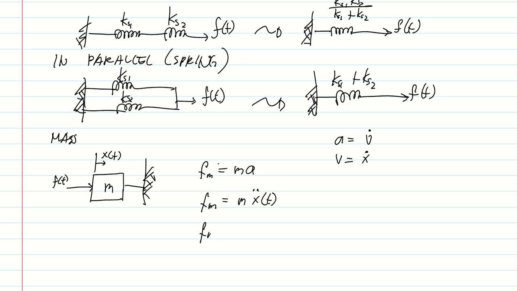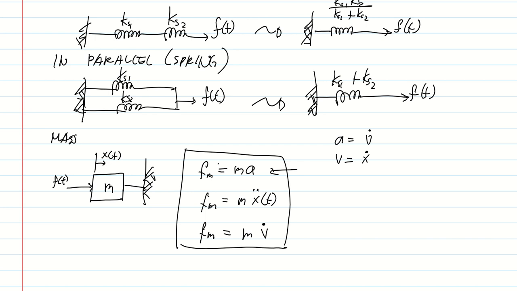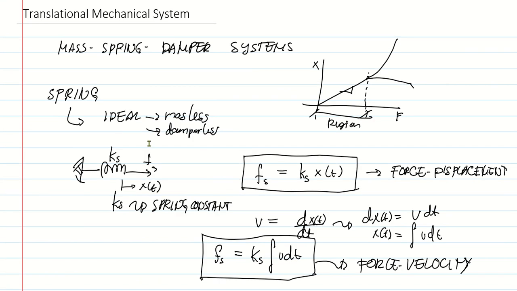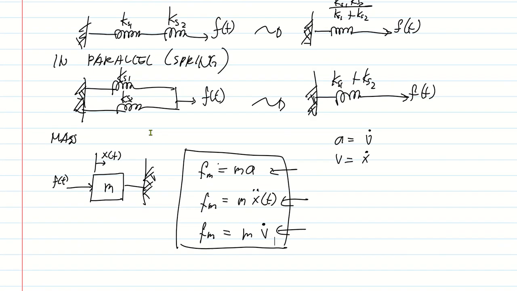We can also write it in terms of the velocity, m times v dot. These are different models for the mass, and it depends on what your output and input are. Our inputs here are all forces, but the outputs are different: here the output is the acceleration, here the displacement, and this is for the velocity. So these are the three different components of a simple mass spring damper system.